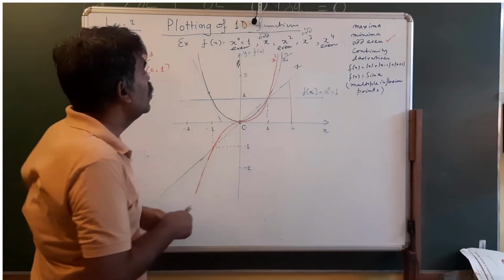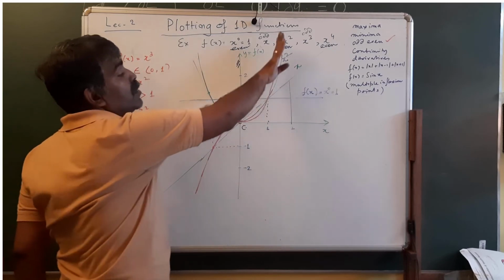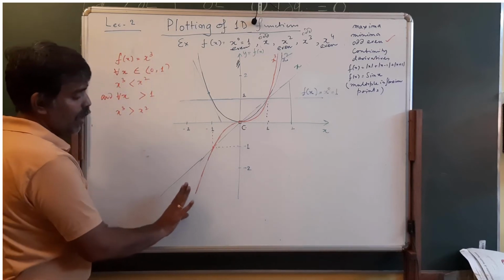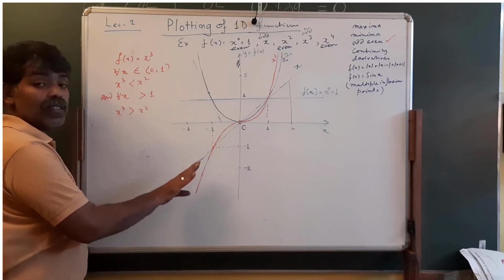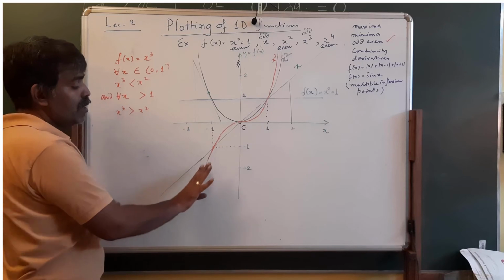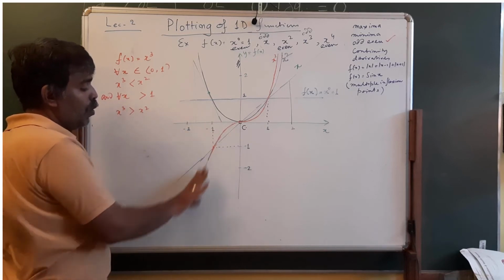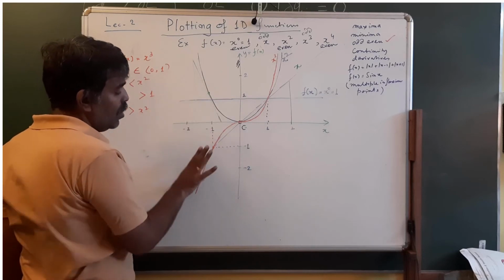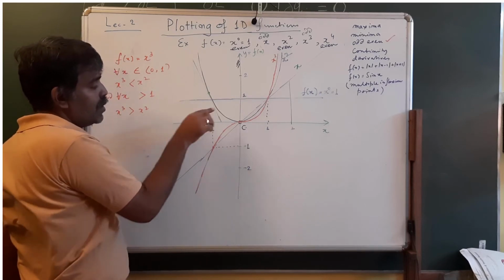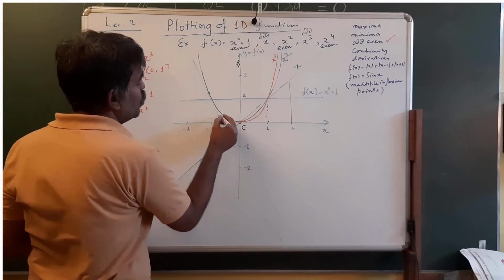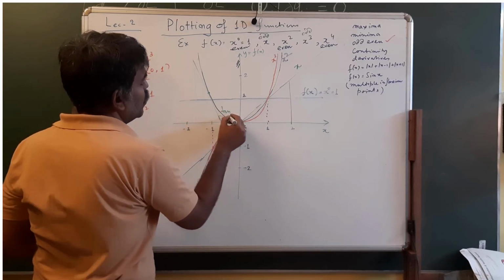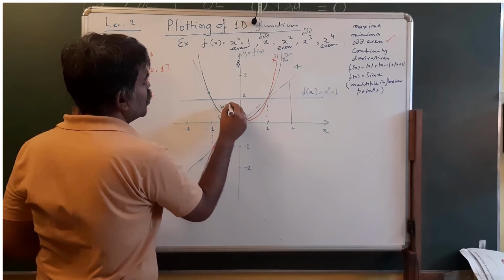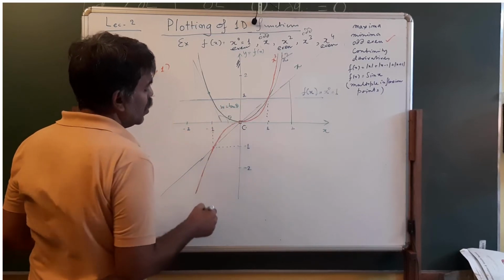So the slope always increases, right? But see the red curve. If you go this way, the slope decreases. You take any point, you draw a tangent, and then you make a triangle. If this is theta, the slope is m equals tan theta.